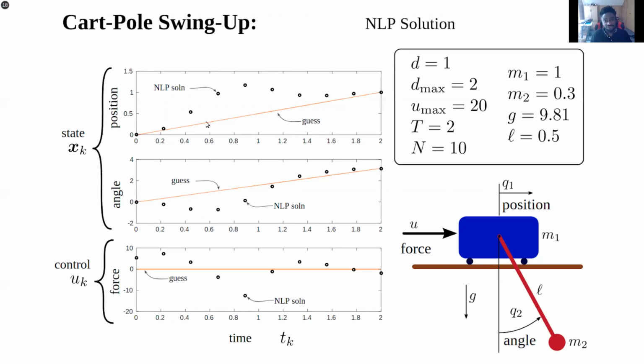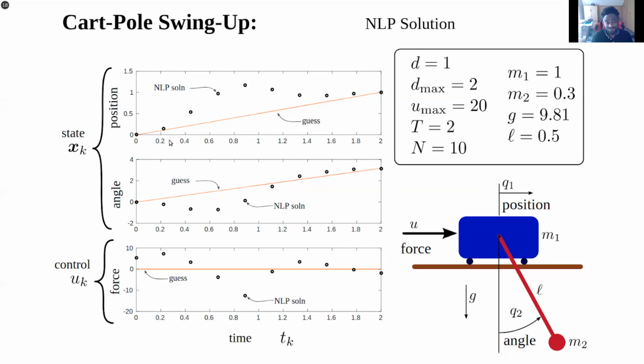So this in orange is our initial guess, and the NLP solver returns some positions, orientations, and some control inputs. Because we presented the NLP solver with a discrete problem, it returns a discrete set of points that represent our trajectory.